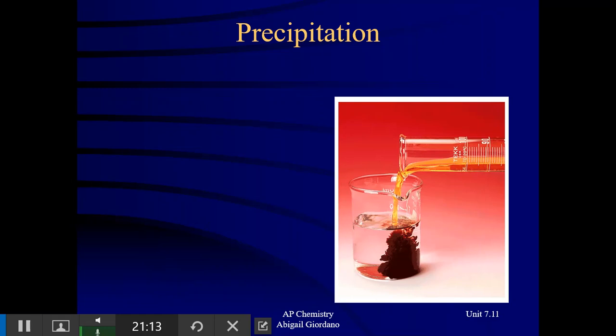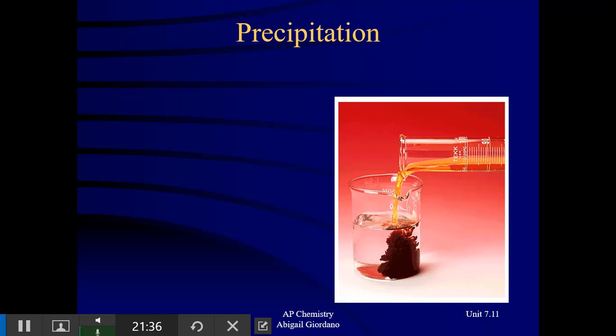You pour two aqueous solutions together and your solution turns cloudy, or you see something like this. That is the formation of a solid. And if you let it sit for some time, it would settle to the bottom of the beaker, and we could collect it through filtration maybe.